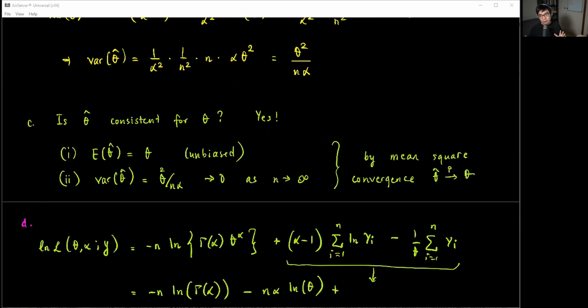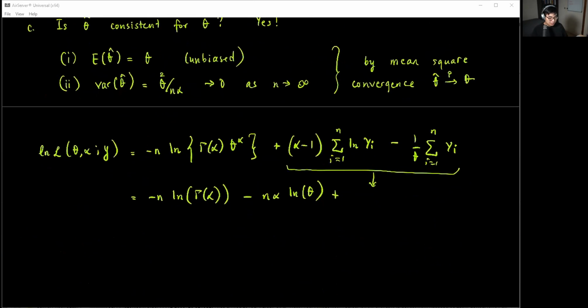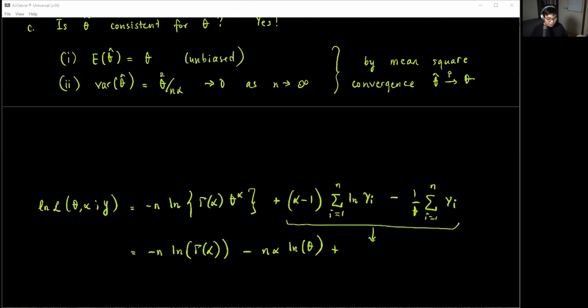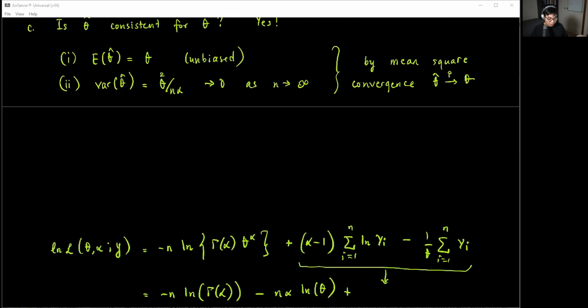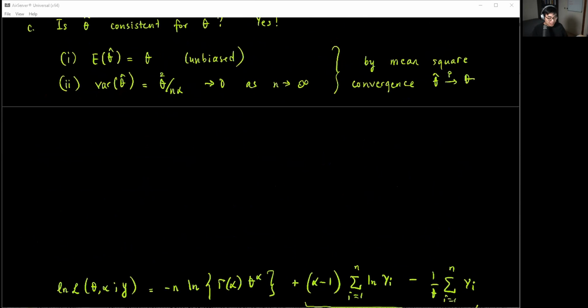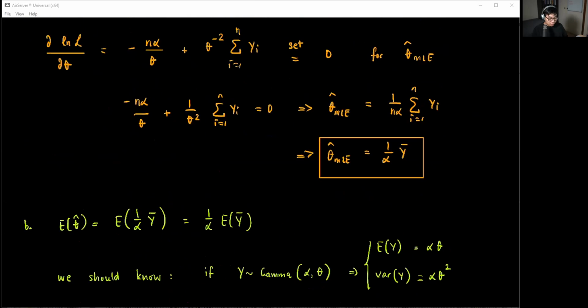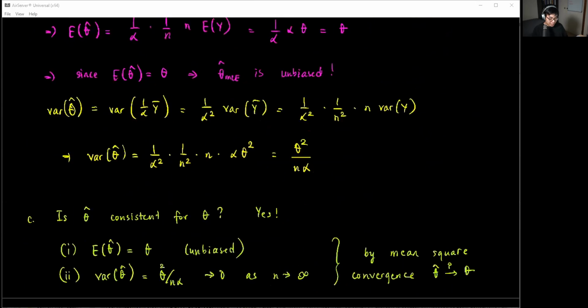But before I do it this way, I want to do it a different way. Actually, I probably shouldn't have done this because this is going to be a very technical way. But before I go through the technical way, I want to just talk about what this means so that you're clear about what we mean when we say something is sufficient. Let's just have a look at the formula for theta hat MLE.